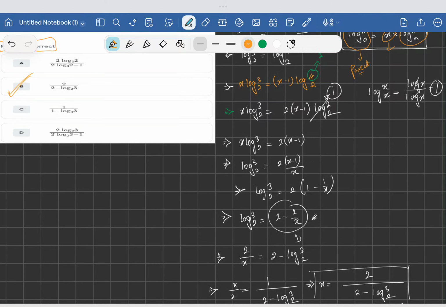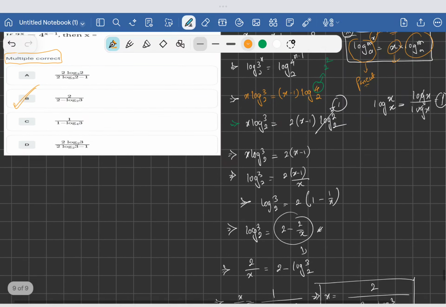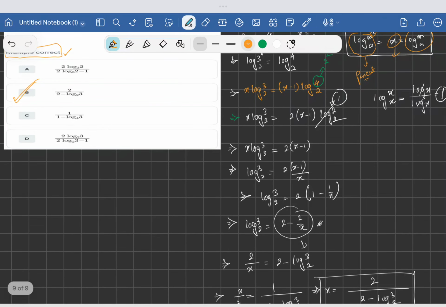The first thing you have to do after finding the answer is not to become happy, because it is a multiple correct question, meaning more than one answer can be correct. So let's check the other options also. Let's check option A. Can we derive this from 2 minus 2 log 3 base 2?